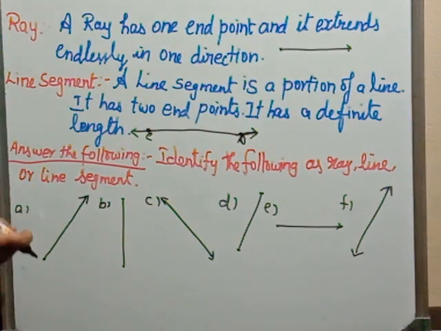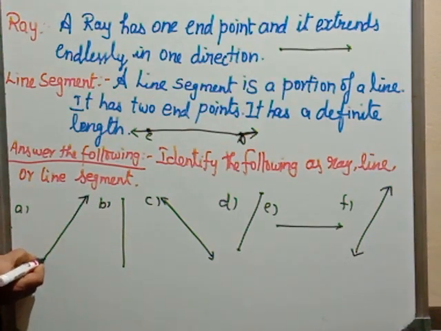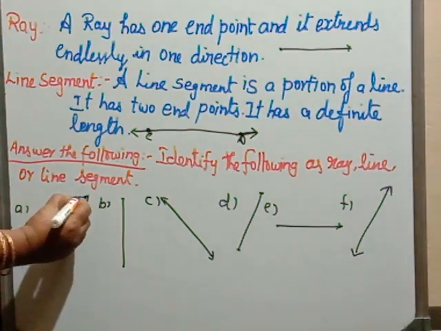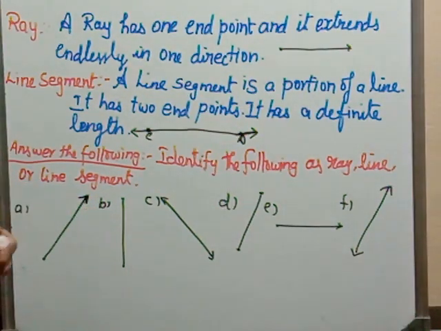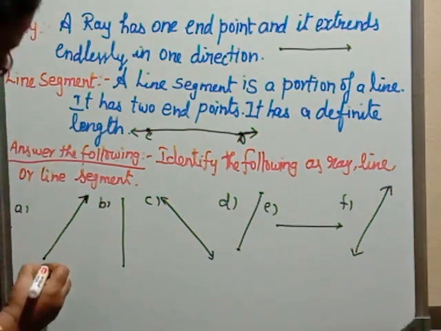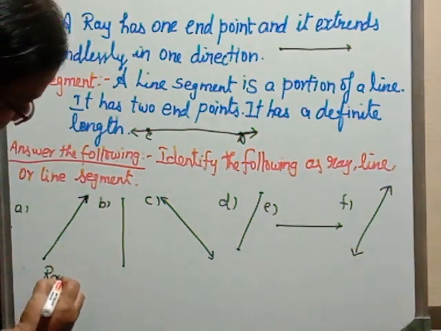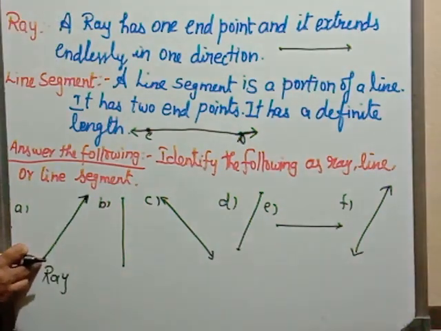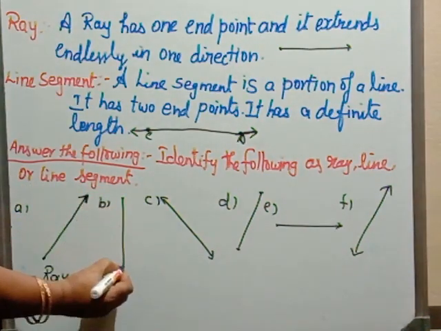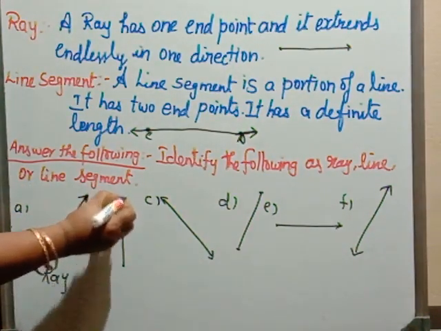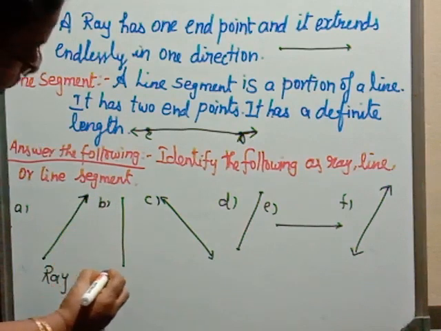Here, first one, A. One end point, one side we got an arrow mark. What is it called? Whether it is line or line segment or ray, it is called a ray, because it cannot extend on the other side, we can extend only in one direction. Here B, both the edges are with end points.